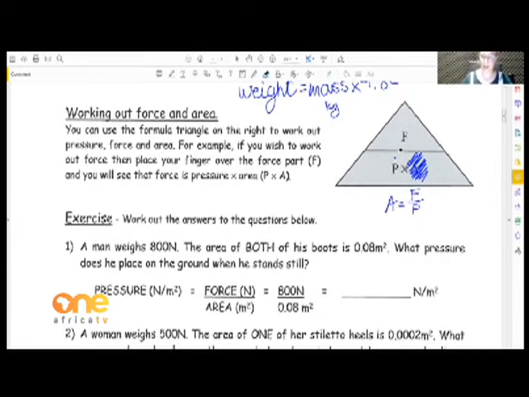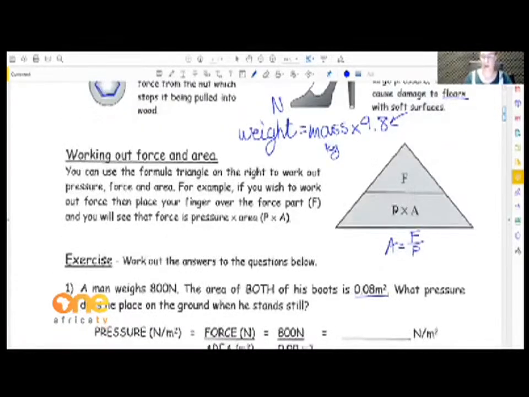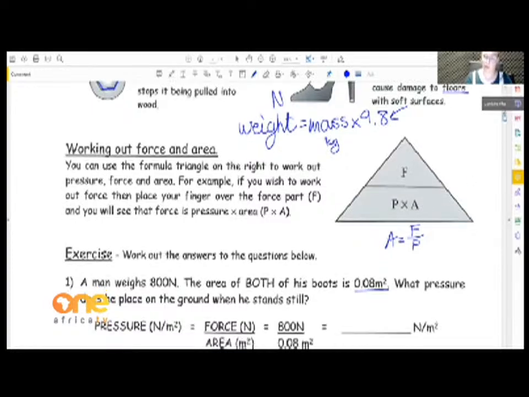Okay, so let's go do a few examples so that we can get into the swing of things. So, if a man weighs 800 newtons and the area of both of his boots is 0.8 square meters, what pressure does he place on the ground when he stands still? So, if we go look at our triangle and we close up P, then we get pressure is F over A, so force over area.